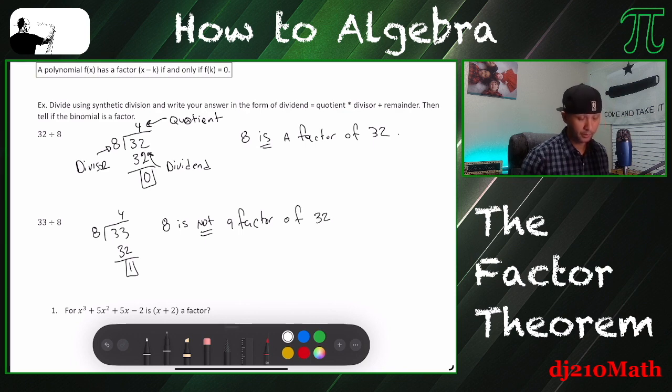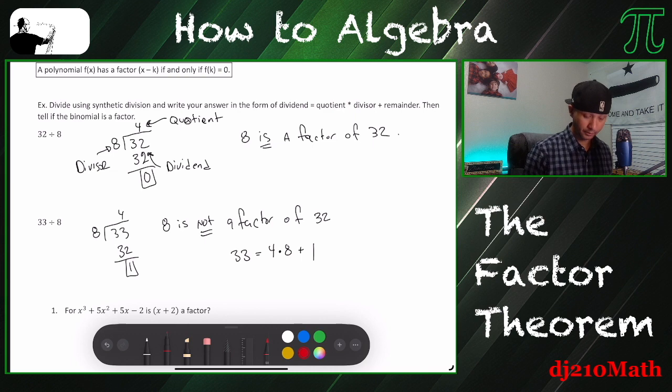And we can say that 33 is equal to the quotient times the divisor, so 4 times 8, plus the remainder, which is 1.